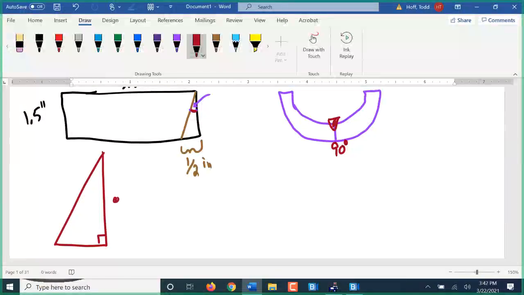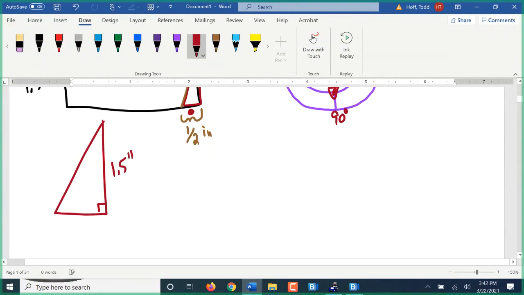What is this side over here? That is 1.5 inches. This side down here is 1/2 inch. I can write it as 0.5.